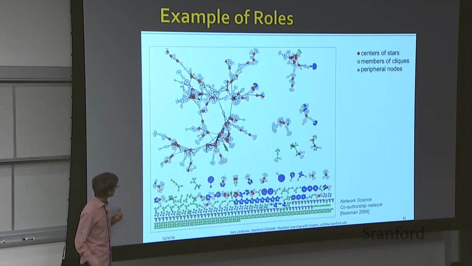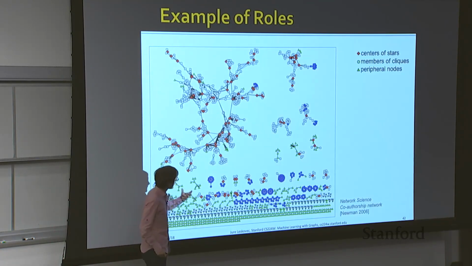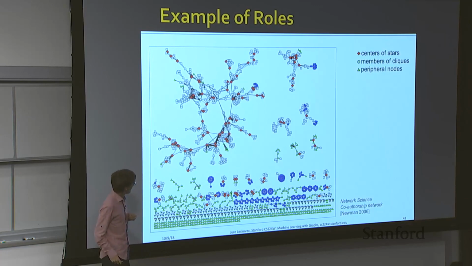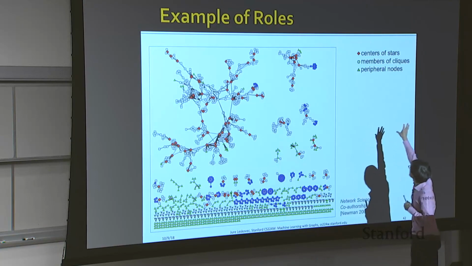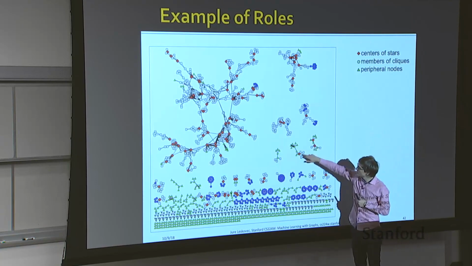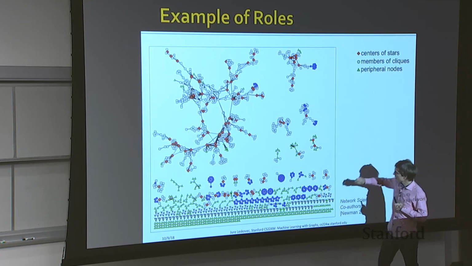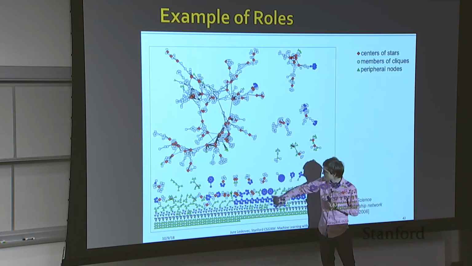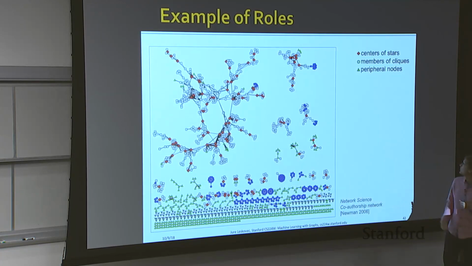Okay? Let me show you a few examples. Here is a graph where nodes are colored based on different roles, and the descriptions of the roles are up here. So for example, red nodes are centers of the stars. Circular nodes, these blue ones here, are members of the cliques. These are nodes that are all fully connected with each other.